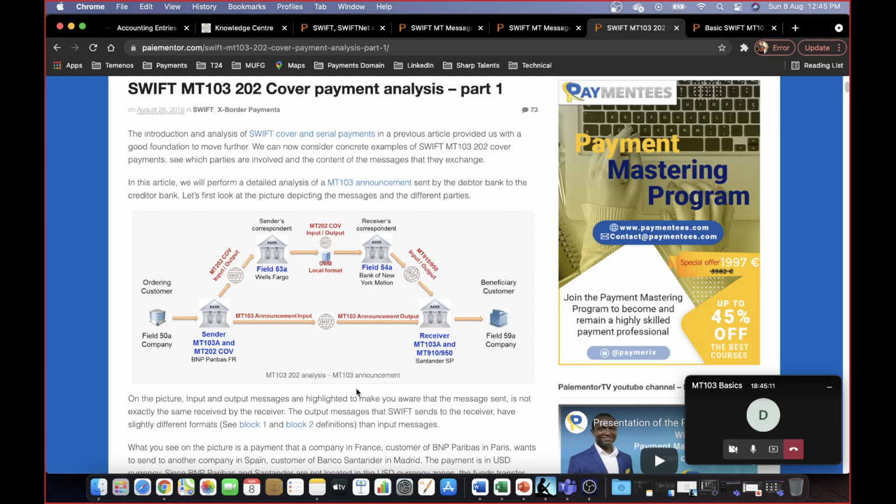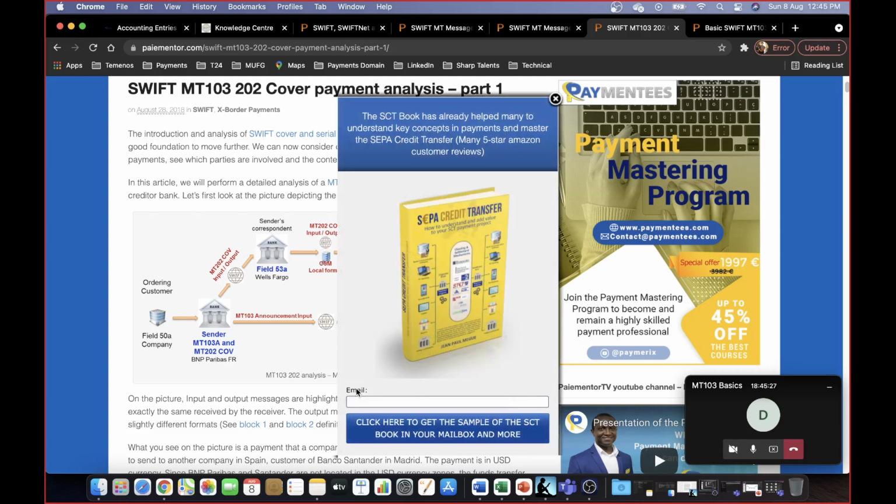A normal MT103 or a serial payment will not have these three tags. That is the primary difference. If 55 is present, then 54 and 53 must be present. If 54 is present, then 53 must be present. That is the rule.